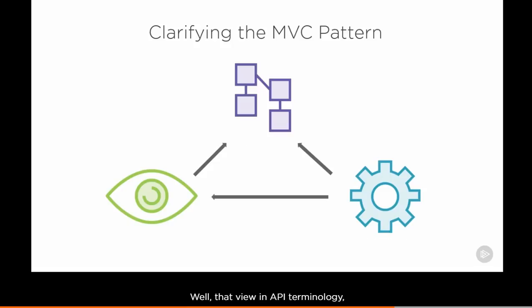Well, that view, in API terminology, is the representation of our data or resources. More often than not, these days, that's JSON. And user interaction, well, the user or consumer of an API would typically be another application. So when a request is made by an API consumer, an action on the controller will be triggered.